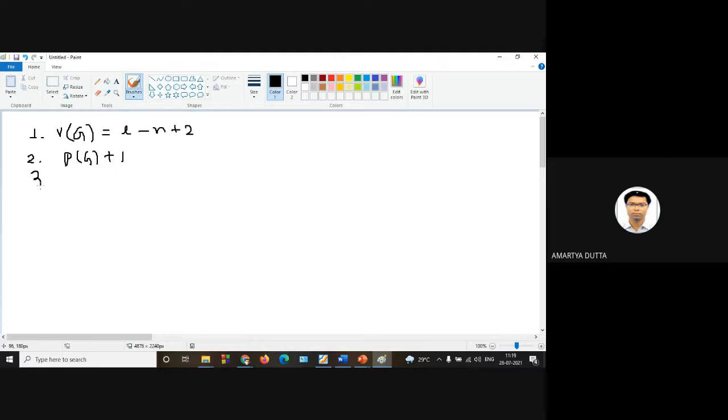The third formula is the number of closed regions of your graph plus 1. So these are the three techniques for finding the cyclomatic complexity of your control flow graph, that is, of your given program.